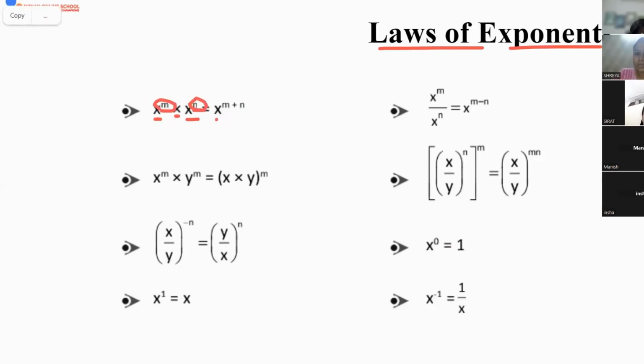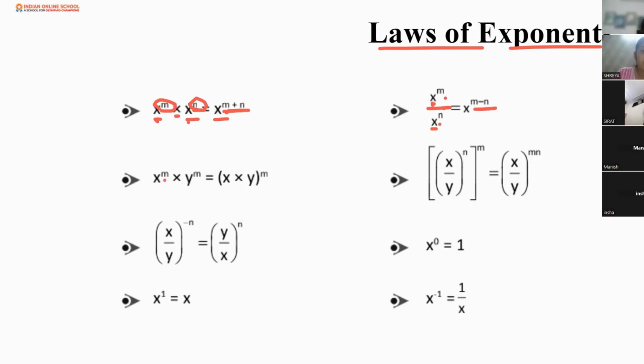The base remains the same. Similarly, same base with different exponents under division, you subtract. I repeat, same base with different exponents under multiplication, you add the exponents. Vice versa, same base under division with different exponents, you subtract the exponents. Am I clear?